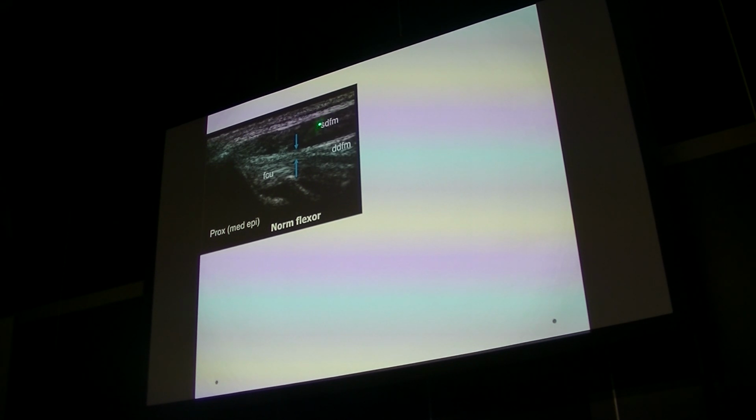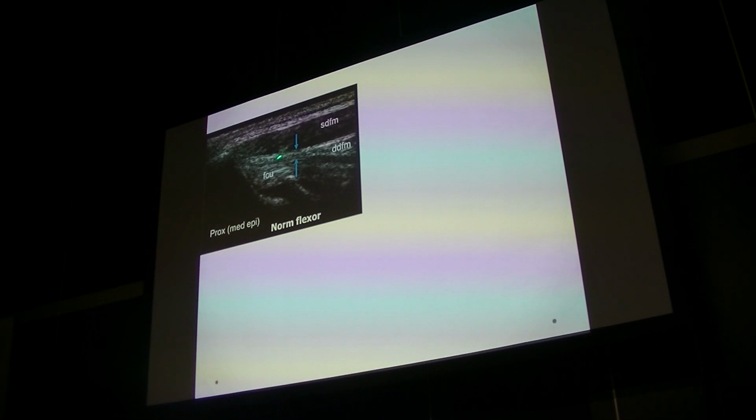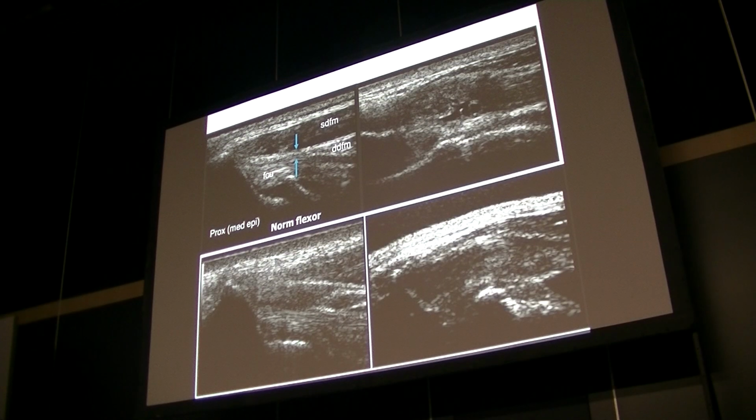This is the superficial flexor tendon. This is the flexor carpi ulnaris, and this is the deep digital flexor muscle, and this is how the normal appearance should be. These three are affected cases.